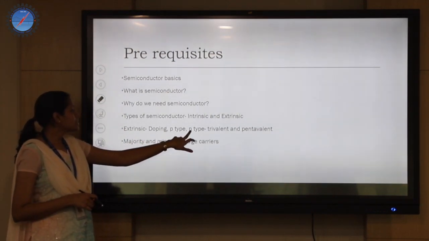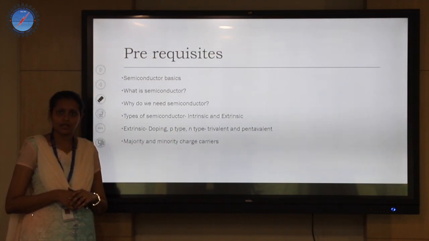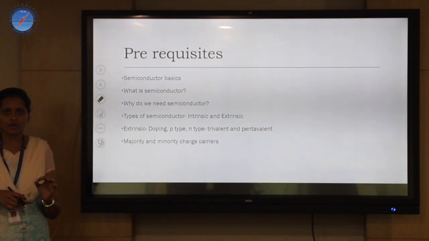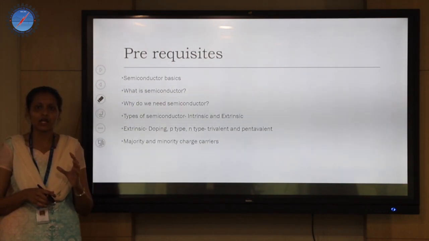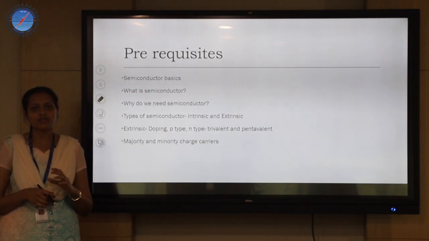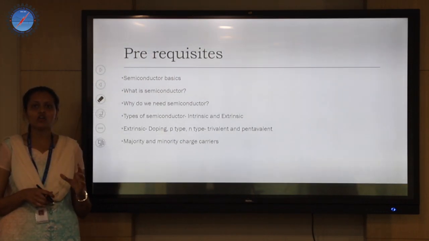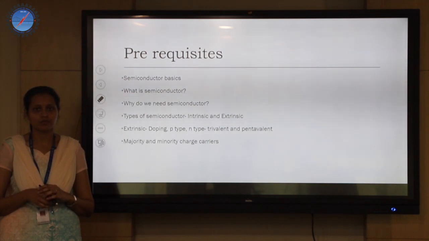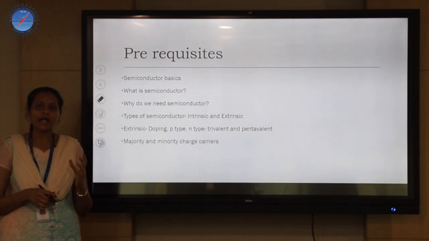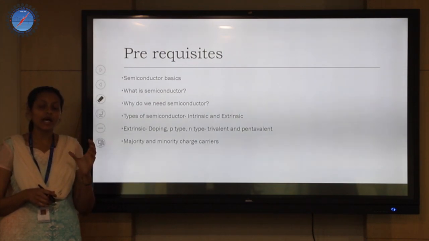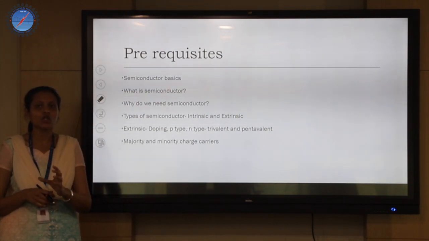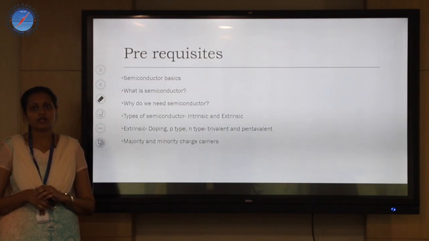And what is n-type semiconductor? N means negative. So n-type has majority charge carriers as electrons, which are negative charge carriers, and minority charge carriers as holes. How is n-type semiconductor formed? When pentavalent atoms are added into a pure semiconductor, we get n-type material.